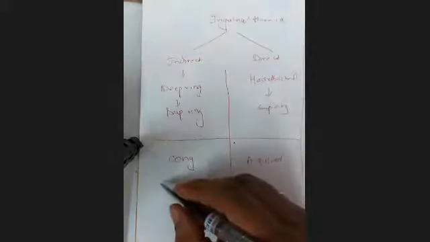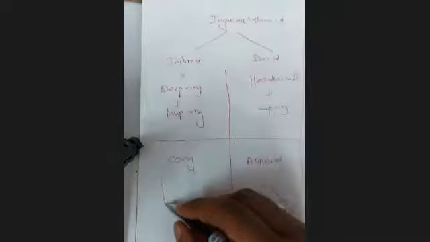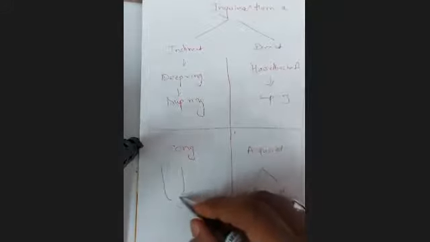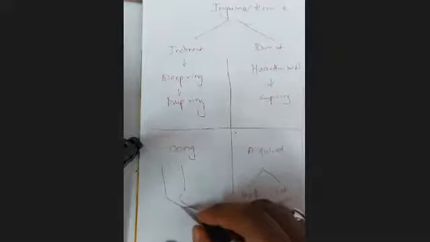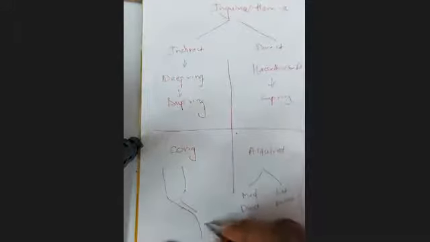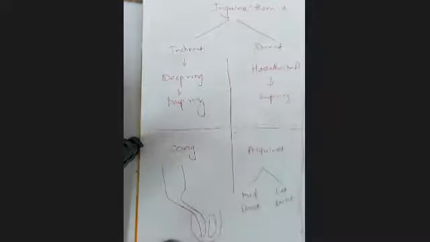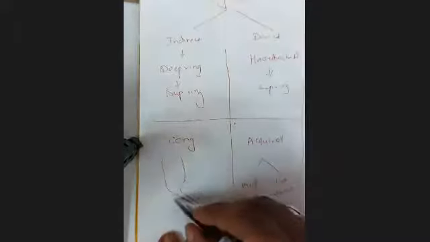Congenital, I had told you last time that this is the peritoneal cavity. This peritoneal cavity turns into the processus vaginalis, which goes into the scrotum. And here is the testis, and this is the scrotum. So this gets cut off after birth.